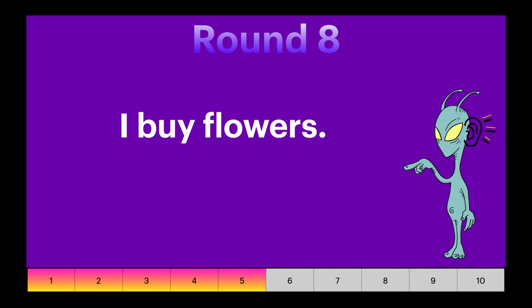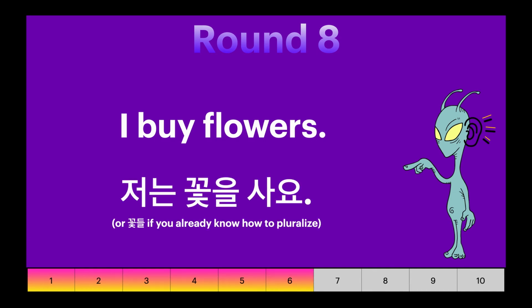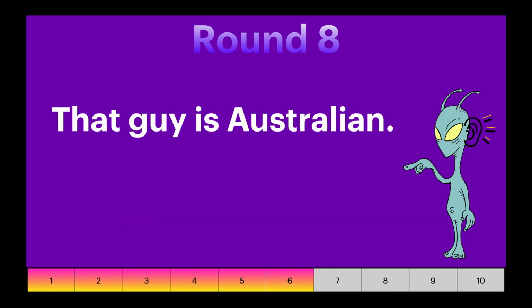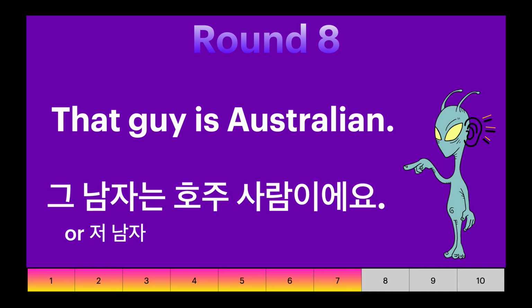I buy flowers. 저는 꽃을 사요. That guy is Australian. 그 남자는 호주 사람이에요.